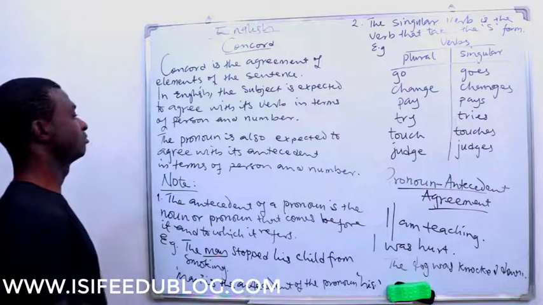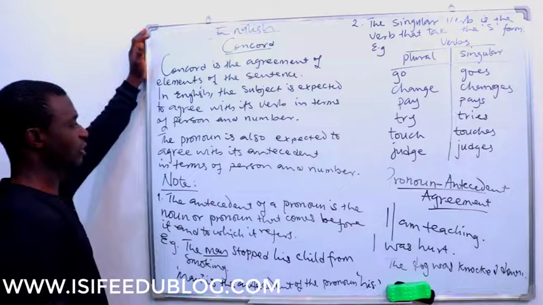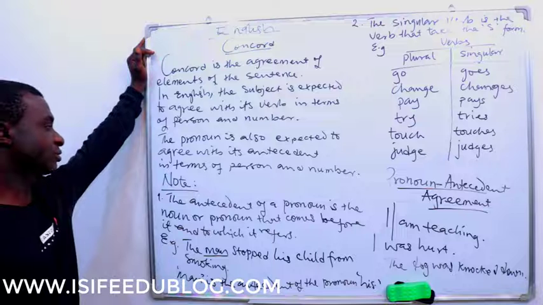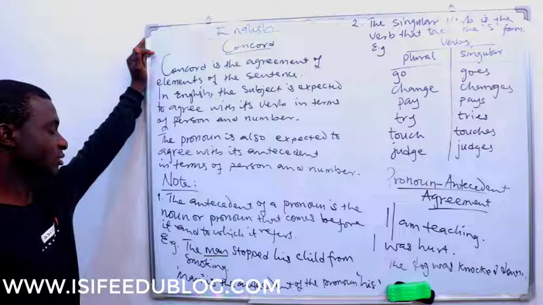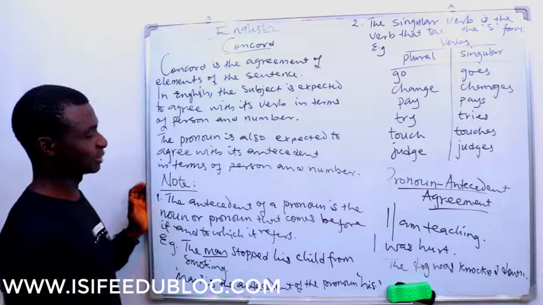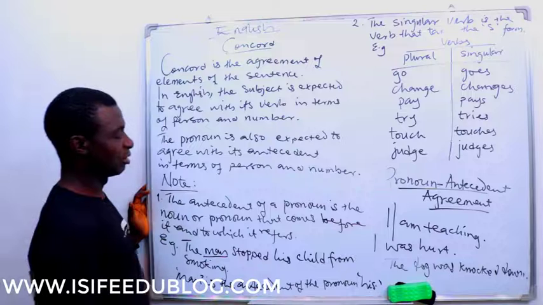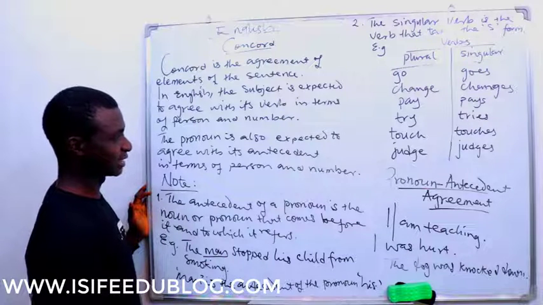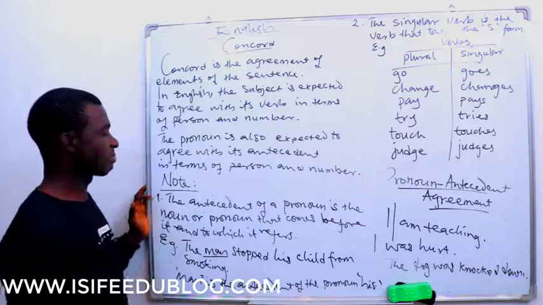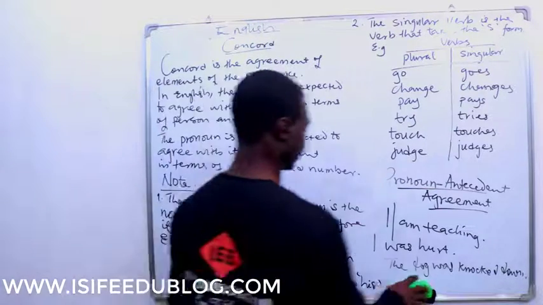Pronouns are also expected to agree with their antecedents. Right? We've explained the concept of a subject and verb. Now, what is an antecedent? I'll still talk about the verb forms. It's still on the board. What is an antecedent?